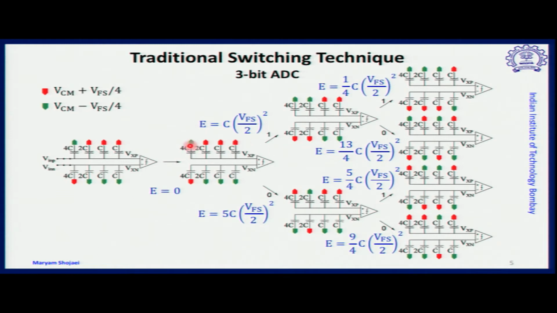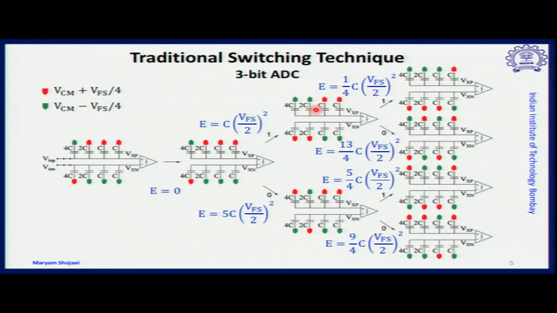Therefore, the connection of the first MSB capacitor, which is at the positive side, to VCM minus V full scale by 4 was correct. So we don't have too many switchings. In fact, only the 2C capacitors are switched. And therefore, the energy which is drawn from the reference levels is C V full scale by 2 whole square.